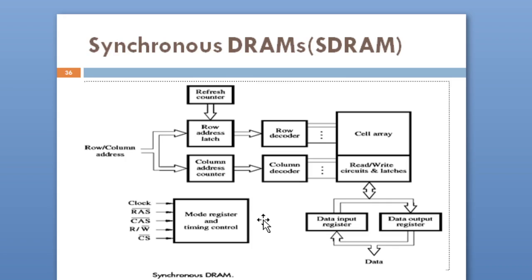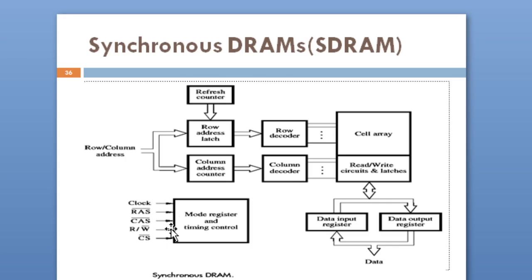So block operation is there in this synchronous DRAM, and these are the five lines which are connected to this circuit. We have a clock line which carries a clock signal, and row address strobe and column address strobe lines which carry the row address strobe and column address strobe signals respectively.